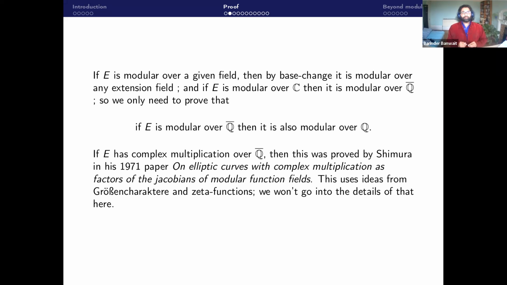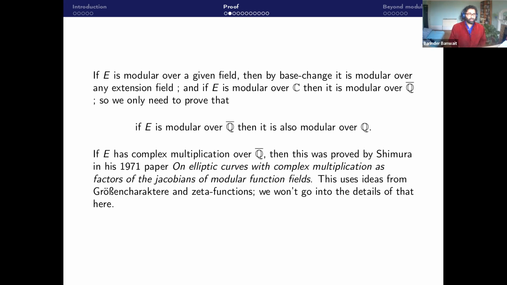Okay, so at this point, for most of the proof I want to focus on the non-CM case. So the elliptic curve E may or may not have complex multiplication over Q-bar. Now, if it does have complex multiplication, then this was proved in a paper of Shimura on elliptic curves with complex multiplication as factors of the Jacobian of modular function fields.